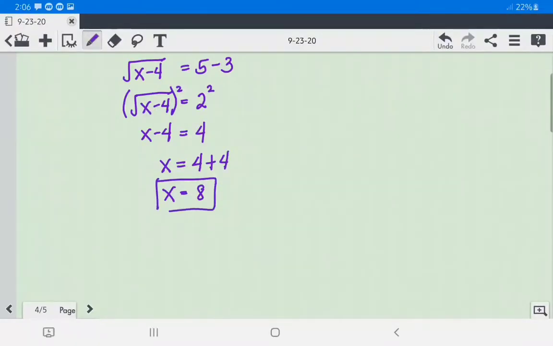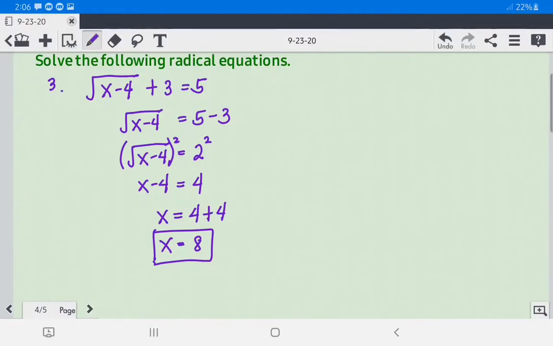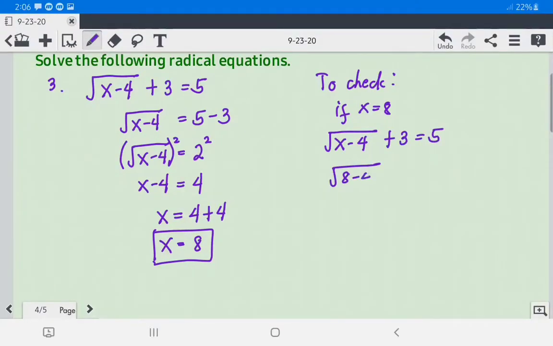Then after that, let us check. If x is equal to 8, using the original equation, we have square root of x minus 4 plus 3 is equal to 5. So we have square root of 8 minus 4 plus 3 equals 5. 8 minus 4, we have 4. So square root of 4 plus 3 equals 5. Square root of 4 is 2, plus 3 equals 5.